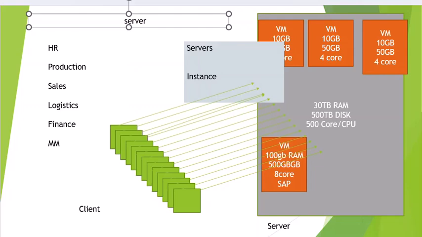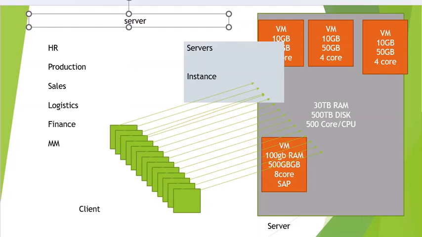So when I say server, let's say I am paying a lot of money to buy the server, then how do different departments or different people access a particular application? Let's say I have an HR department, a production department, a sales department, a logistics department, a finance department, MM, and so on.